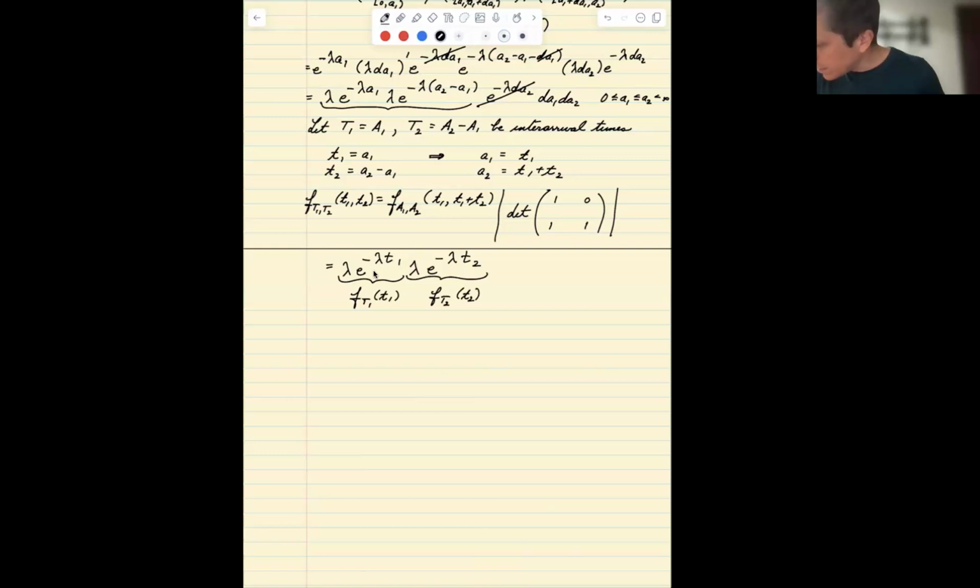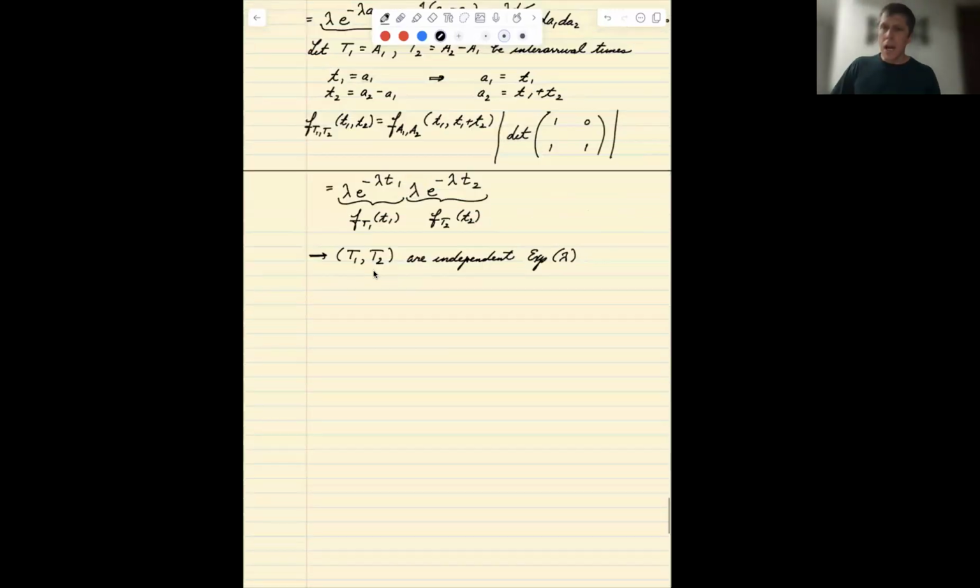So T1 and T2 are independent exponential lambda. The Poisson interarrival times are just independent exponentials.